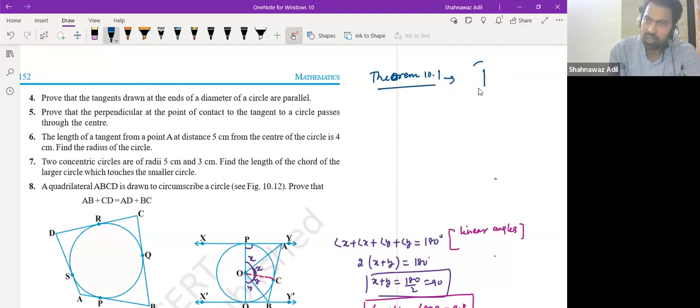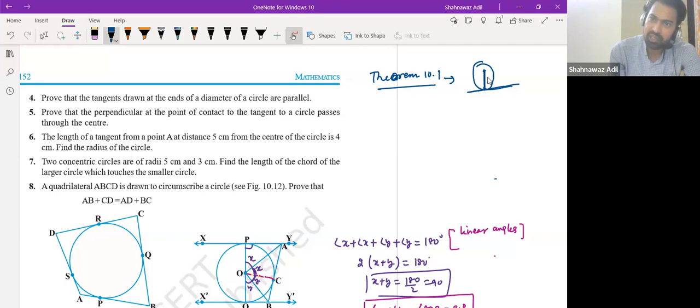So the radius is perpendicular to the tangent at the point of contact, and we are drawing a perpendicular at the point of contact, right?